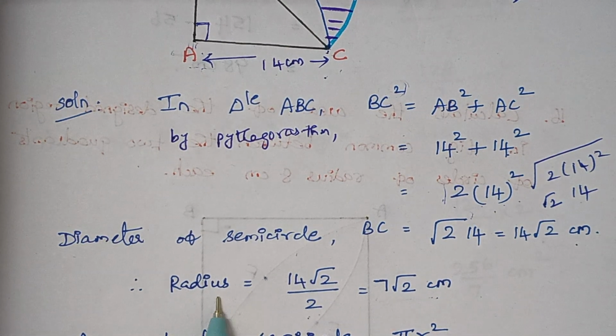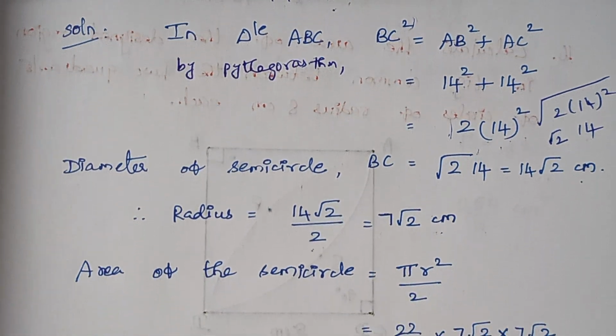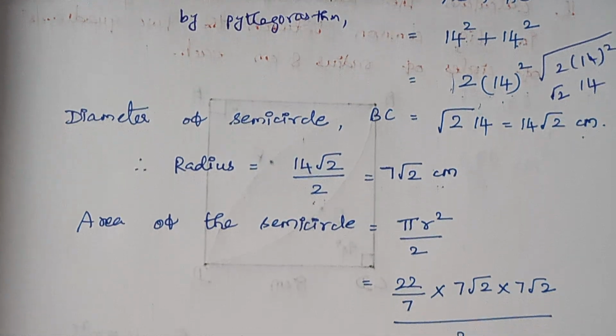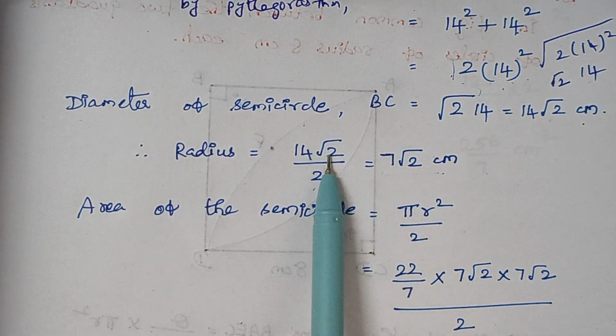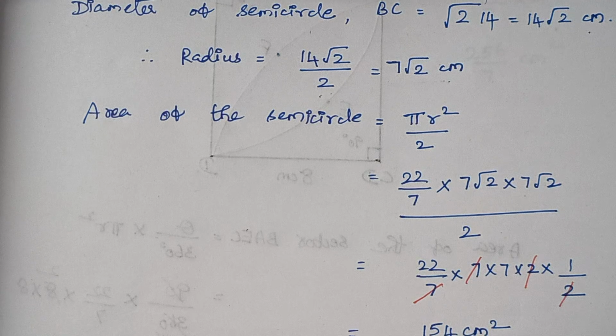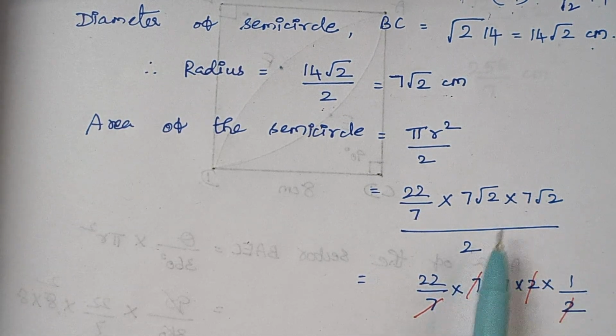So as we know the radius, we can easily find the area of the semicircle. So area of the semicircle is pi r square by 2. So here pi is 22 by 7. The value of r is 7 root 2. So just substitute it, whole divided by 2. Now I am just rewriting the expression, that's it.